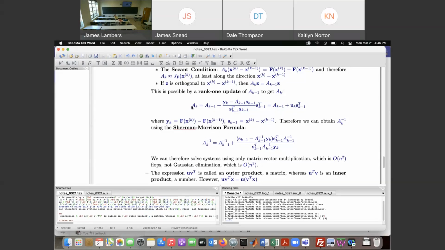So since AK is related to AK minus 1 by this rank 1 update, the inverse of AK is equal to the inverse of AK minus 1 plus a different rank 1 update. So that's what the Sherman-Morrison formula says. That if B is a rank 1 update of A, B inverse is a rank 1 update of A inverse. And the formula tells you what that rank 1 update is.